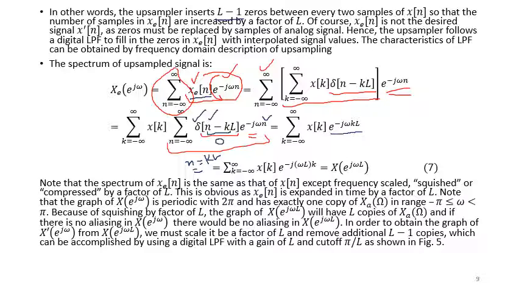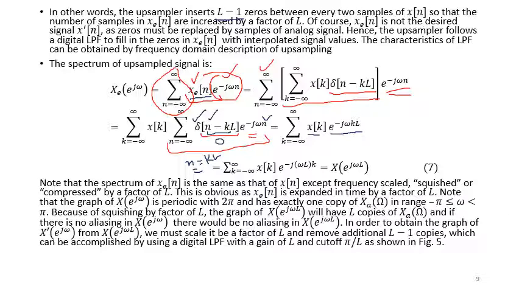So we have the expression X of e^(j omega) equals the summation with k running from minus infinity up to infinity, x of k e to the power minus j k omega L, right?